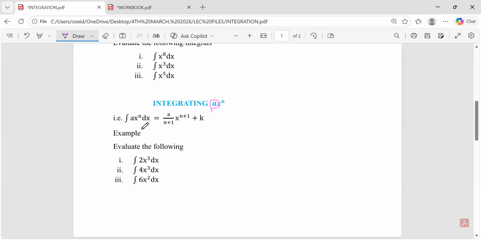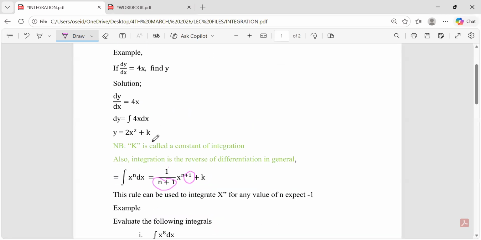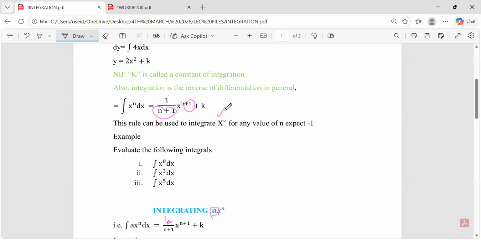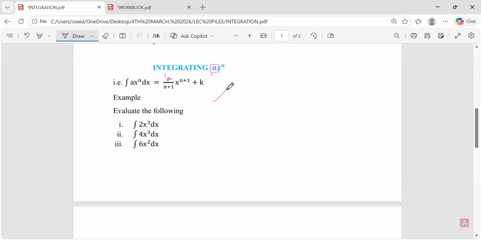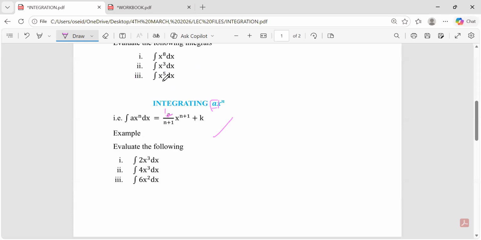The rule is the same. If you take this A out and bring the 1, it's the same as the first rule that we were using. It's nothing different, just that this one has a coefficient.